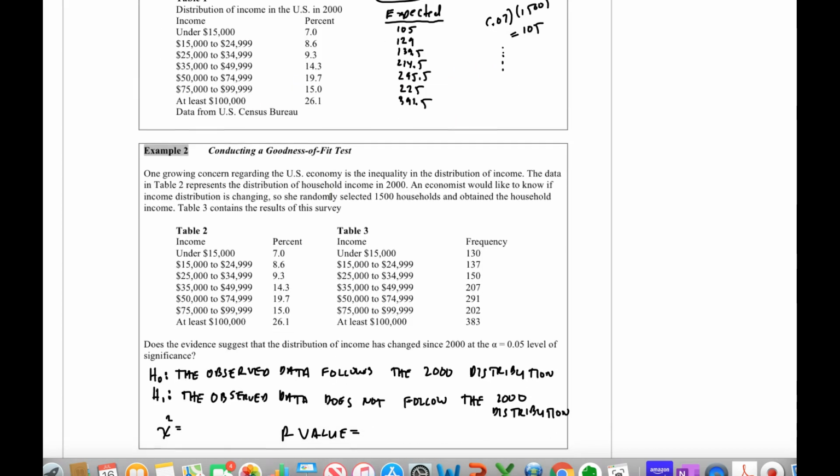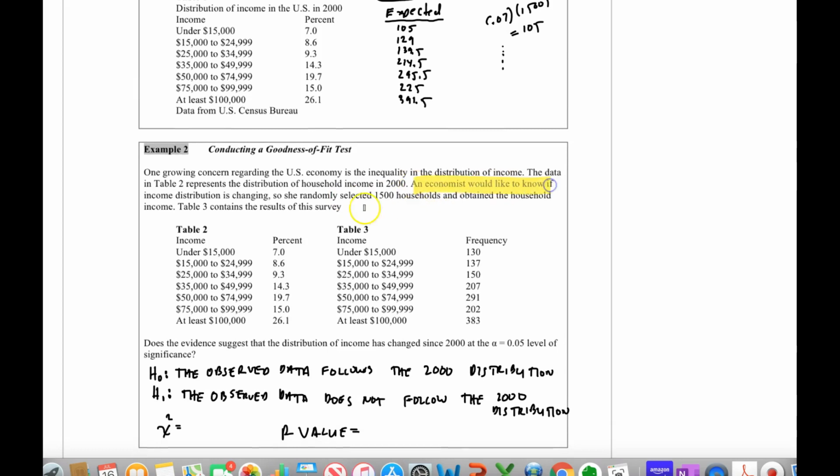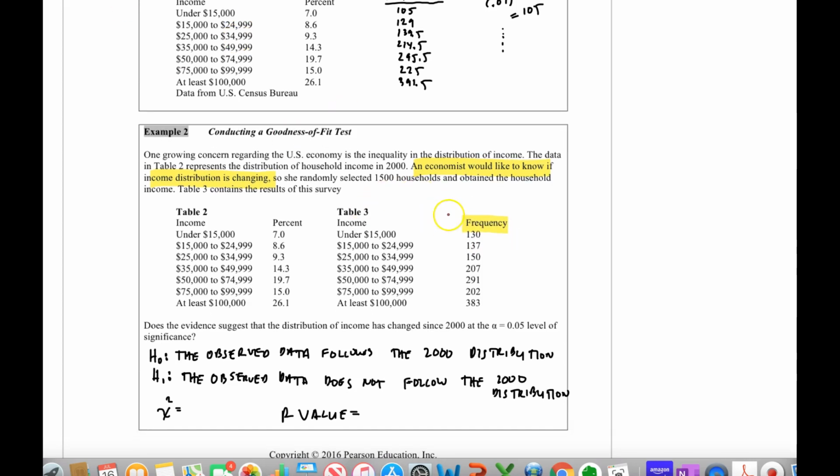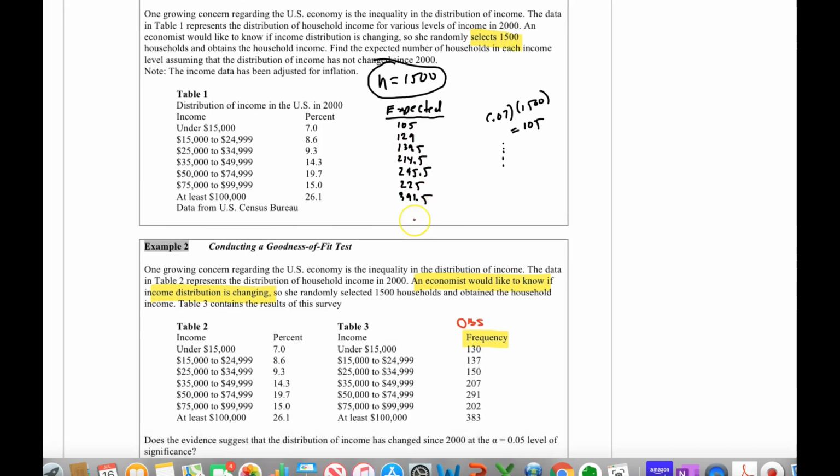Now, an economist wants to know if the income distribution is still changing. So he redoes a survey of another 1,500 people and gets this here. This is what we call the observed, and then we're comparing that to the expected.